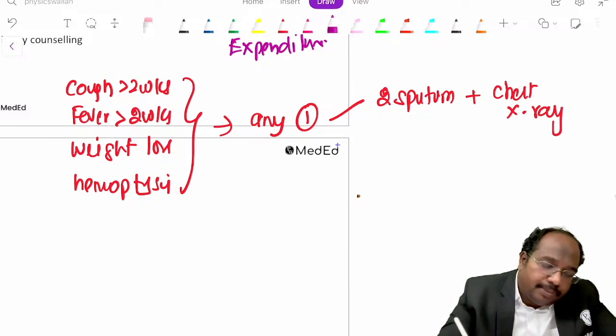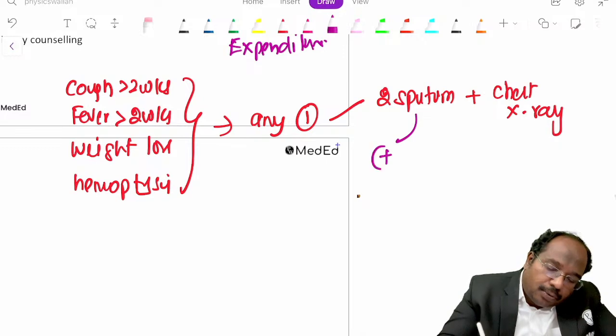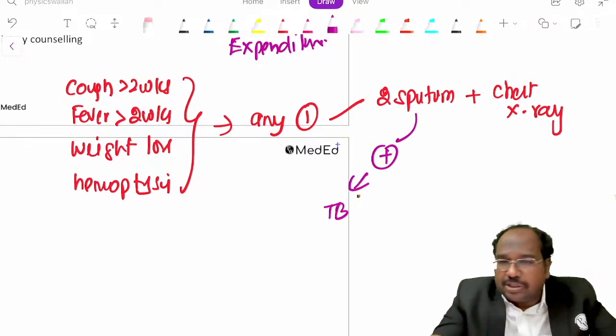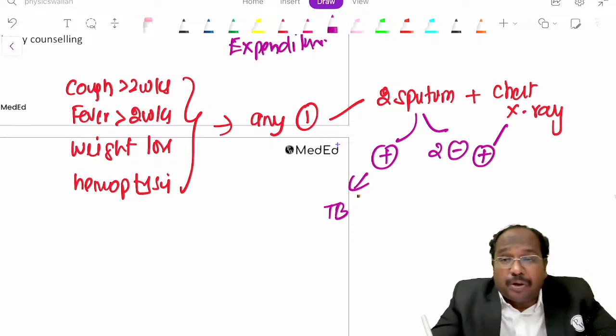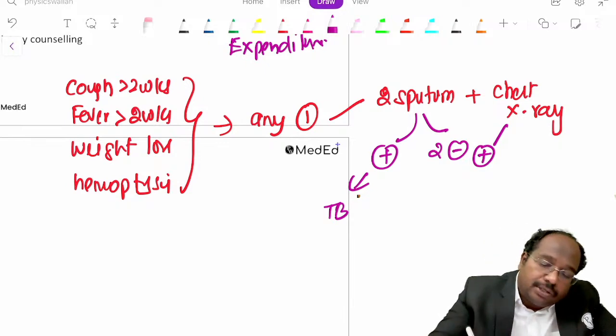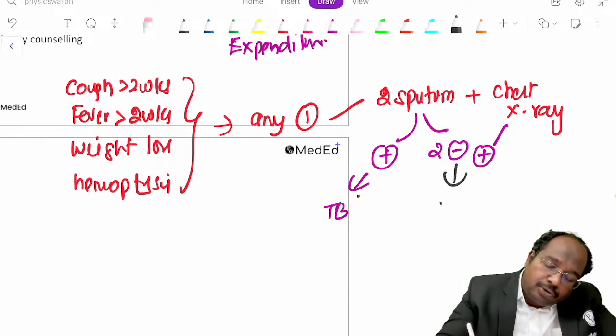If sputum smear is positive, that means TB. Even if one is positive, it means TB. If both sputum smears are negative but the chest x-ray looks positive, this is what the question in NEET exam was: what are you supposed to do? Then you should go for CB-NAT.